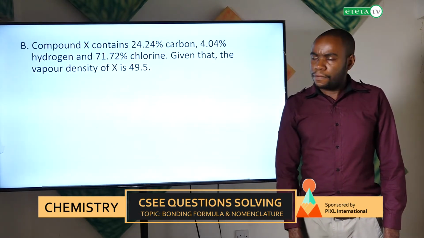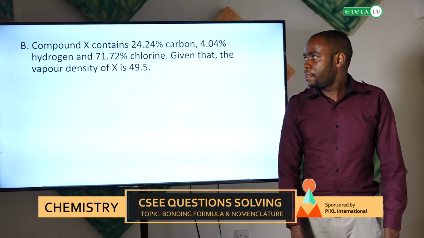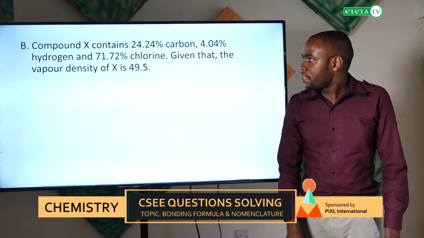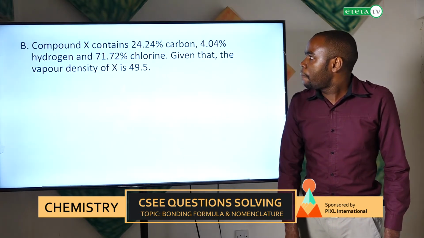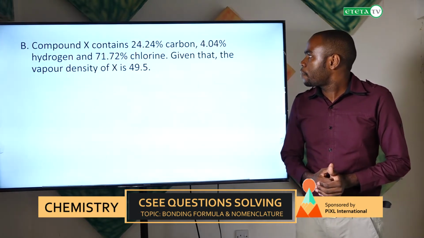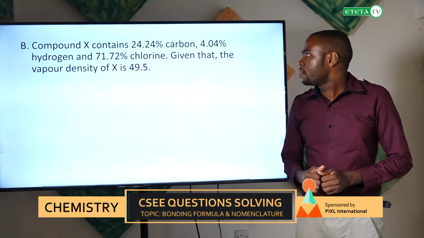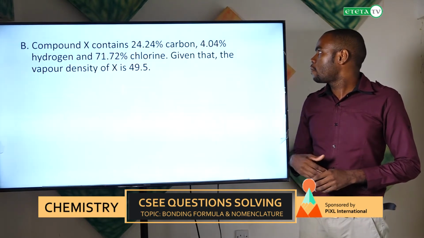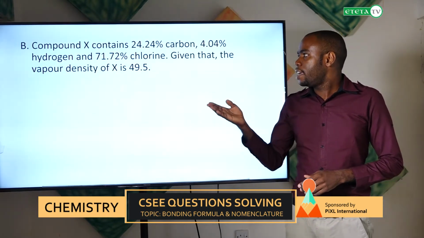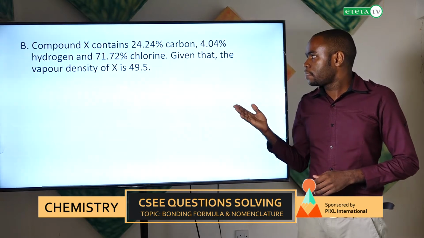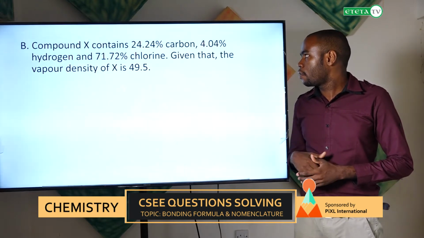Now the answer for question number 9B, first let's read the question. The question says, compound X contains 24.24% carbon, 4.04% hydrogen, and 71.72% chlorine.